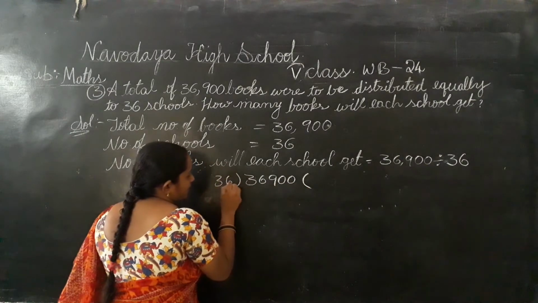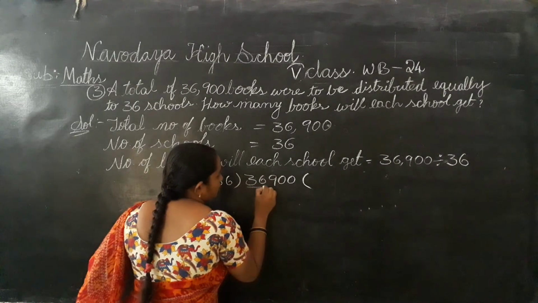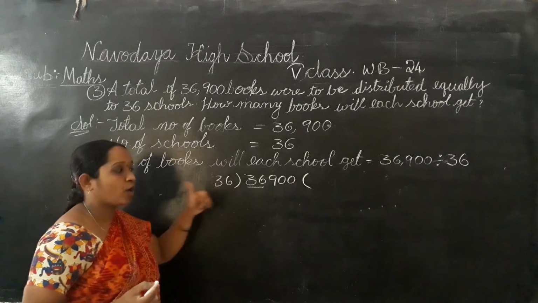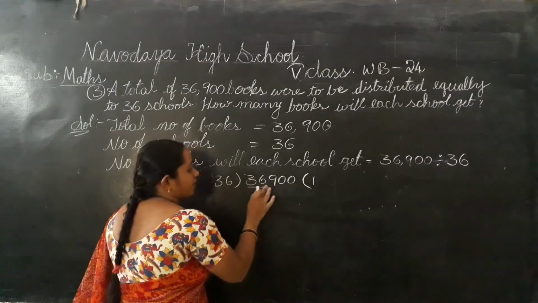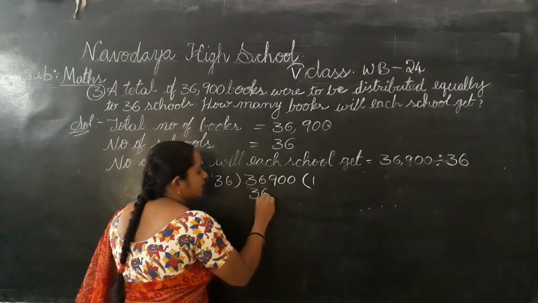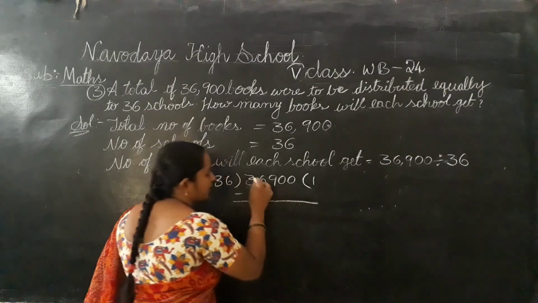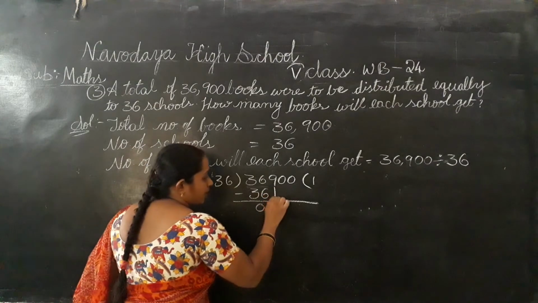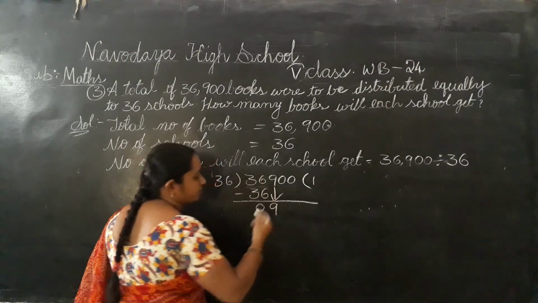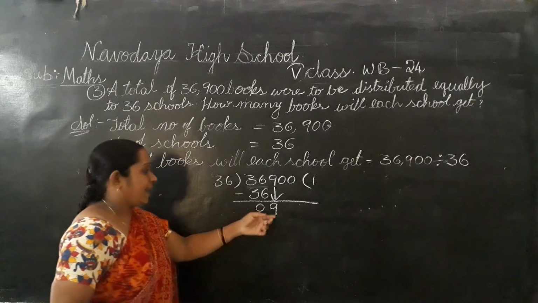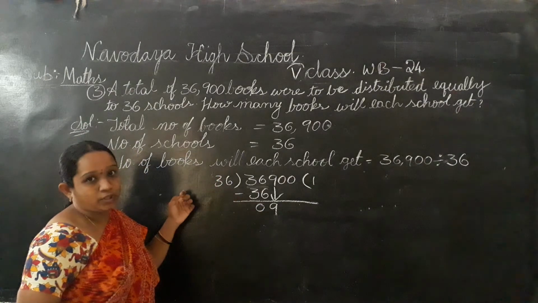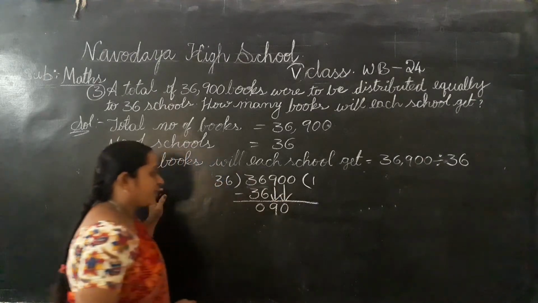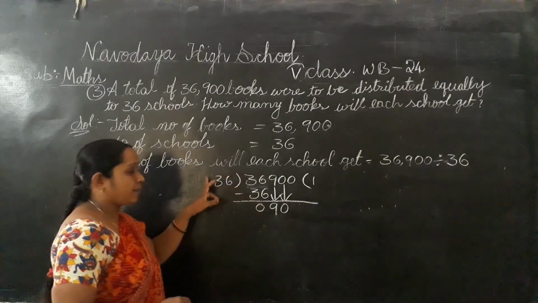This is a 2-digit number. You will also choose a 2-digit number in the dividend. 36, 36, same. How many times? 1 time. 36 ones are 36. Do subtraction. 36 minus 36, 0. Write down the next place, 9. 9 divided by 36. Is it possible? No. Again write down another place, 90. So 90 divided by 36.